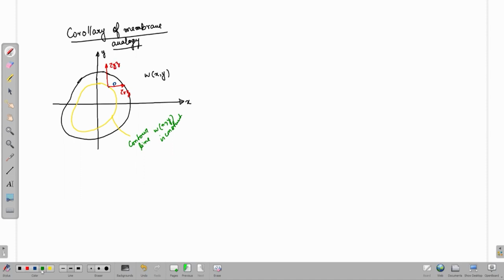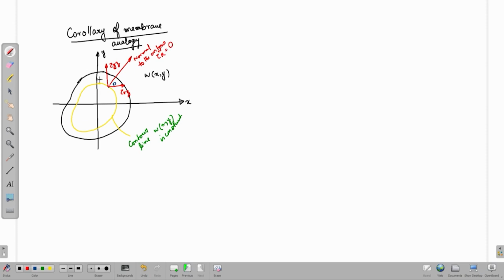Now, the beauty is that the resultant of tau x z and tau y z in the direction n, which is the direction of the normal to the contour, let me call it tau n subscript r, is equal to 0.